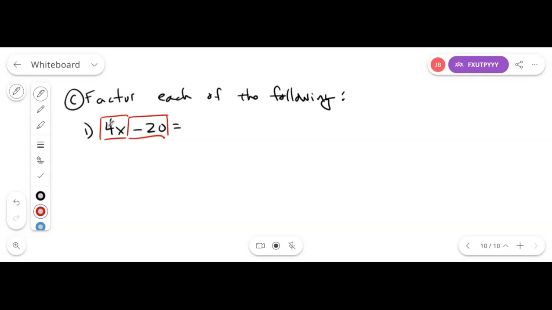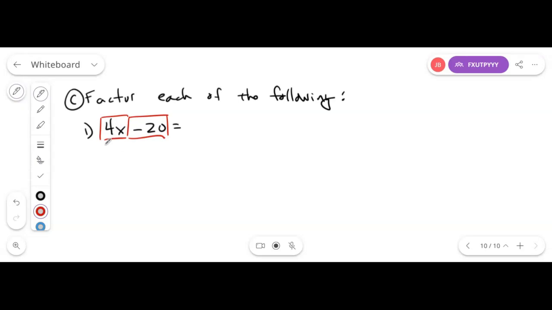What number goes into 4 that will also go into 20? Some of y'all are not thinking. 5 does not go into 4. So it can't be 5. So 2 is correct. 2 would work, but a better answer is 4.